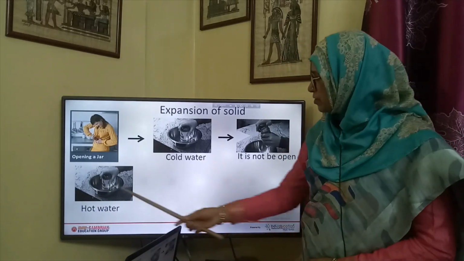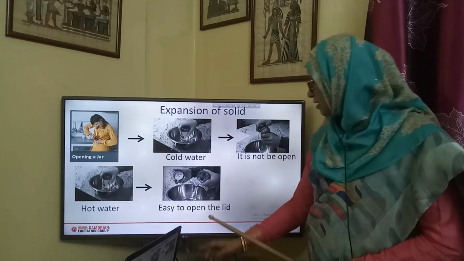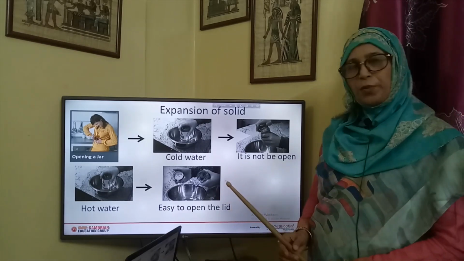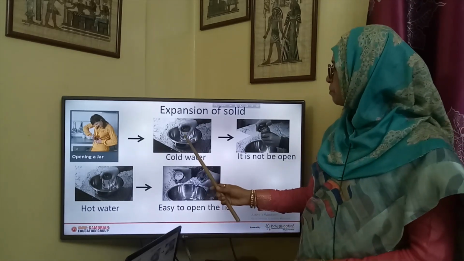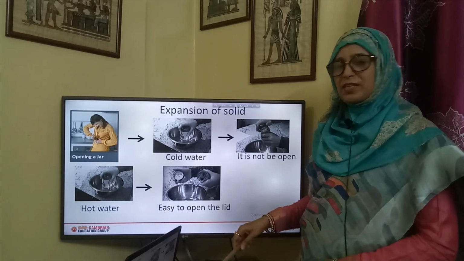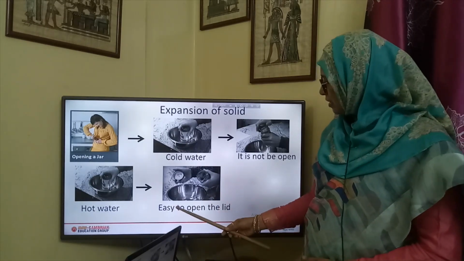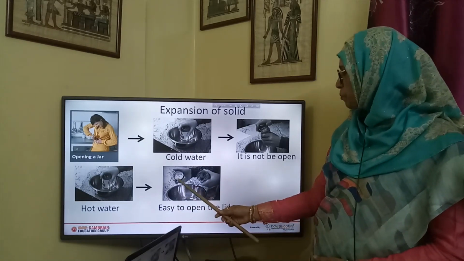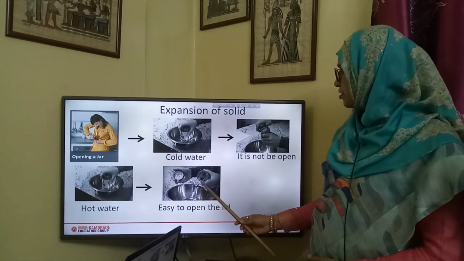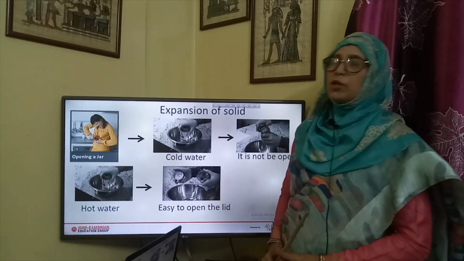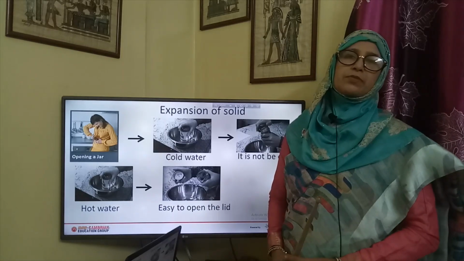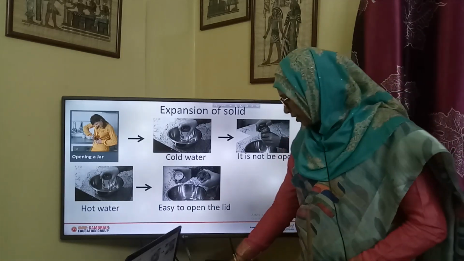But when you drop it in hot water, see, it is easy to open the lid. That means when this metallic cap is dropped inside hot water, due to heat it expands a little bit, and it is easy to open. So we see that solid substances can easily expand.